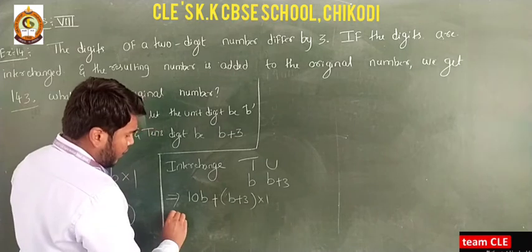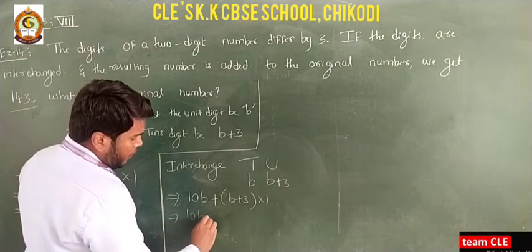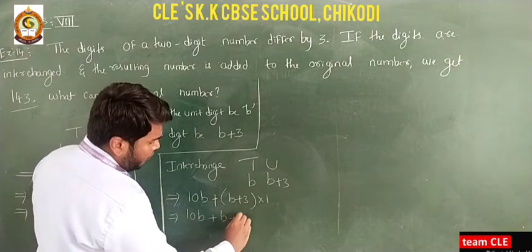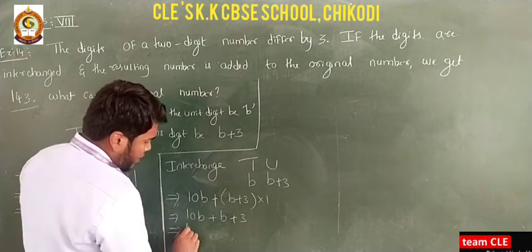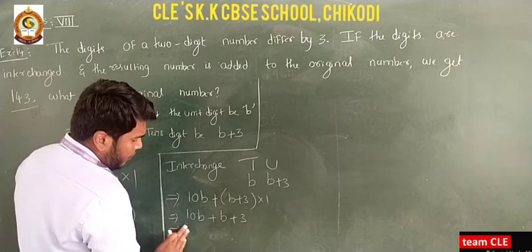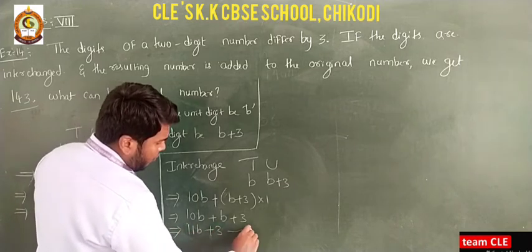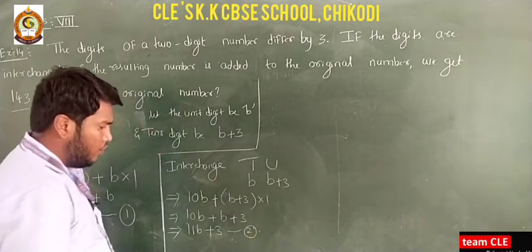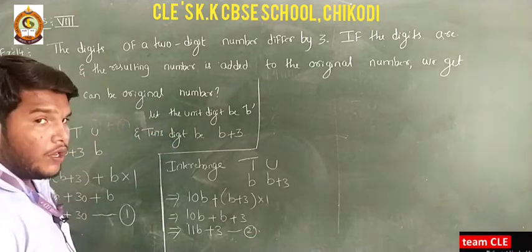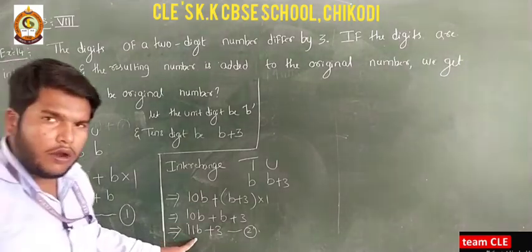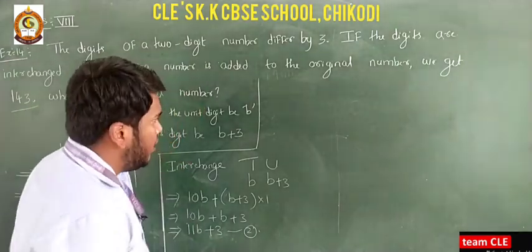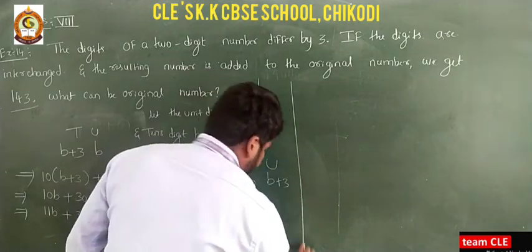You get 10b plus b plus 3, which equals 11b plus 3. Call this equation 2. So equation 1 is 11b plus 30, and equation 2 is 11b plus 3.